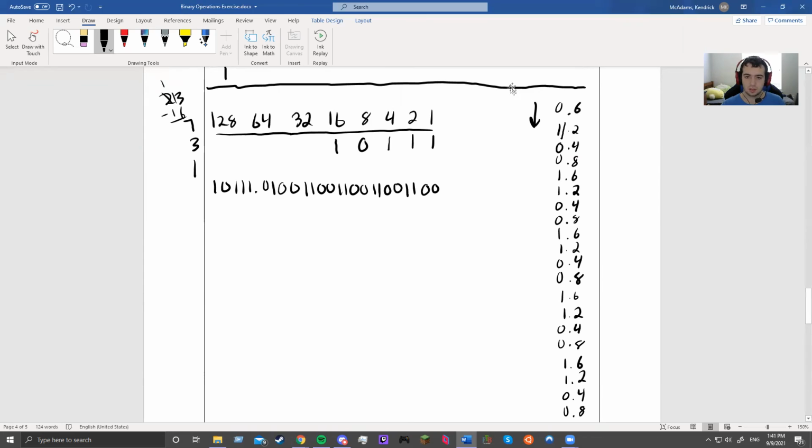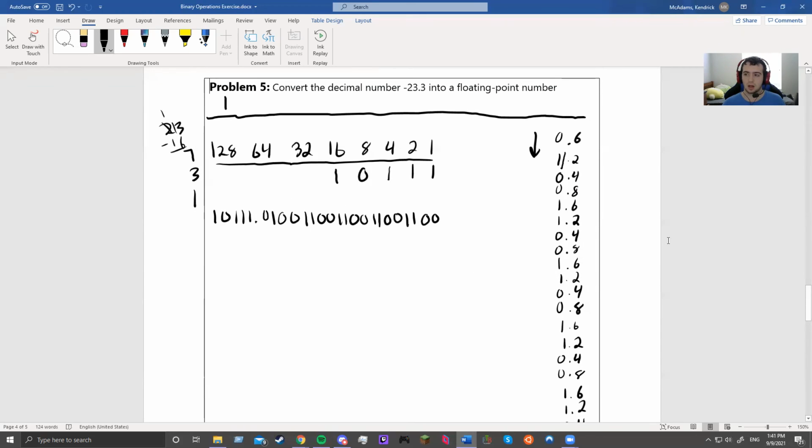So what we're going to do now is convert this into the Mantissa form. But to do this, we have to first take the decimal point and move it right before the first one. But let's add a couple more just in case. So now we're at 22.